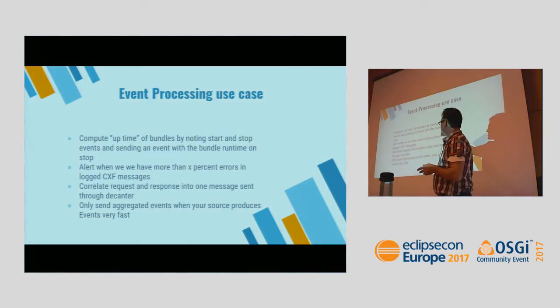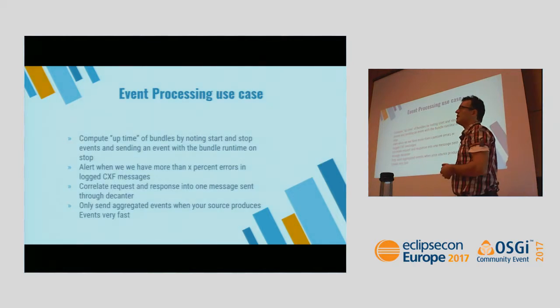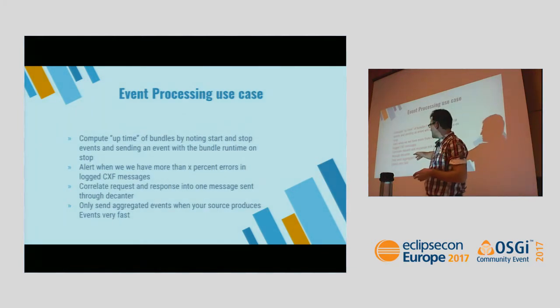We can say we send an alert message when there are more than a certain percentage of errors in a windowed time frame. We could correlate request and response into one message that is sent to Decanter, so you don't have to correlate them on the Kibana side. And for example, you could have a source that sends a lot of events.